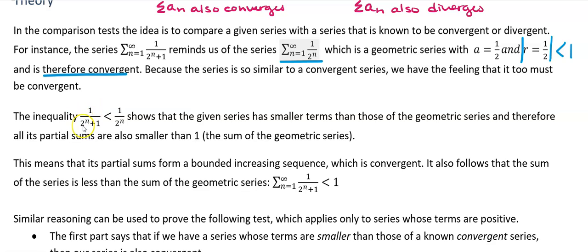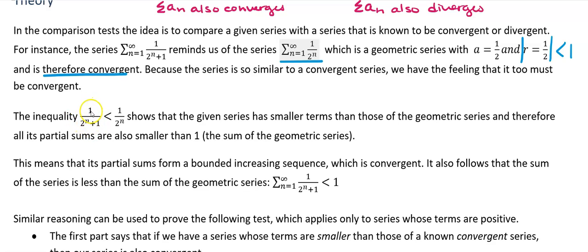Because the denominator, this 2 to the nth power plus 1, is larger in the original one than in the one we thought up, that would mean that our fraction, since the numerators are the same, is actually smaller. So the same number in the numerator with a larger denominator would make the fraction smaller.